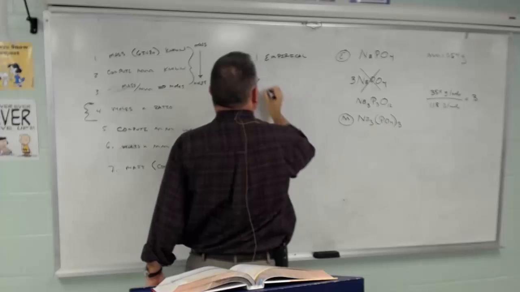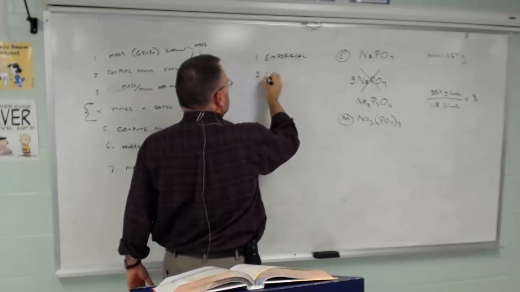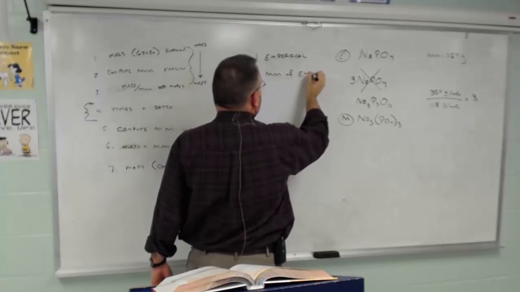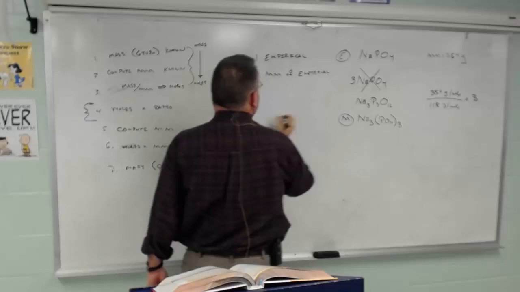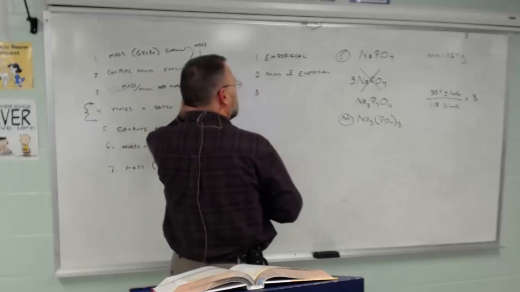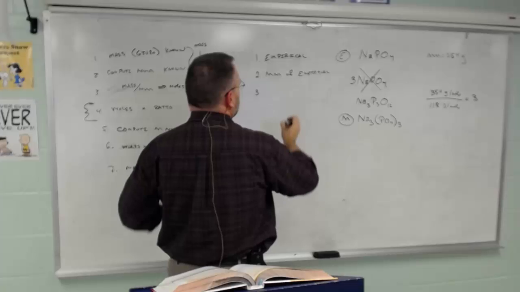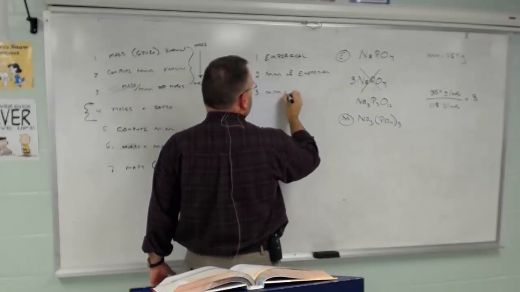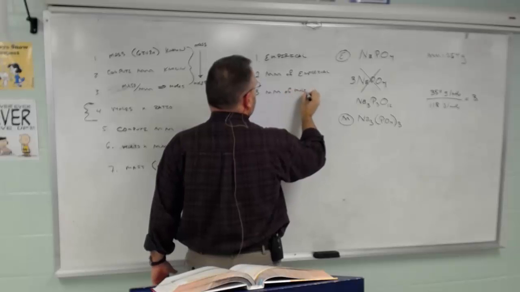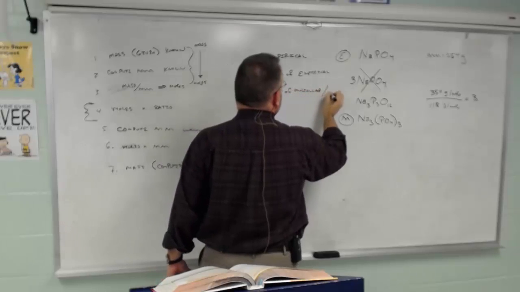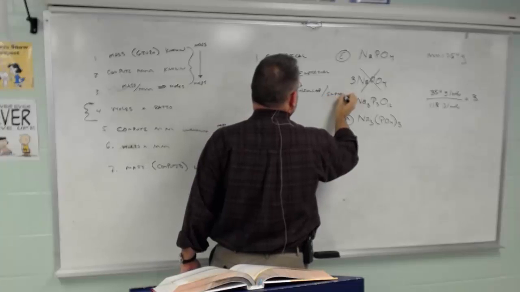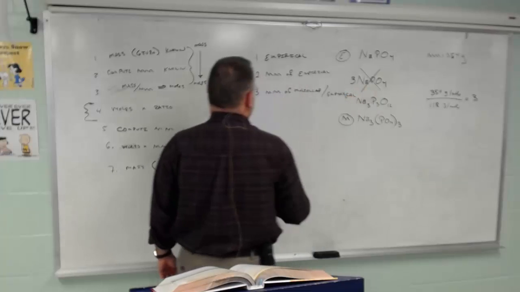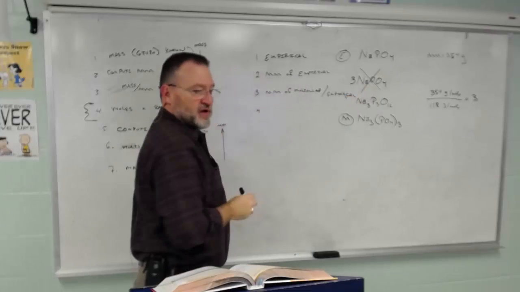Empirical. Come up with the molar mass of the empirical. The molar mass of the molecular divided by the molar mass of the empirical, which is going to give you a ratio, right?